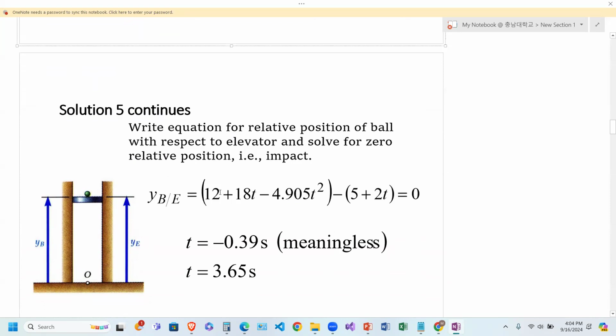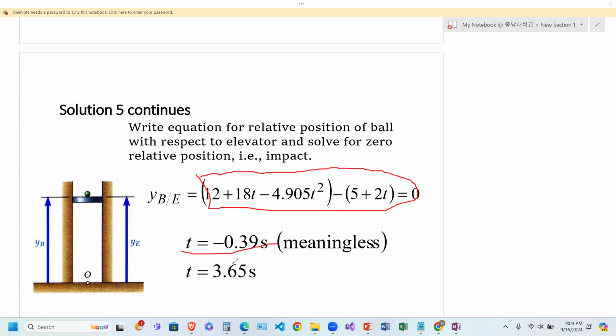So we just equate those equations, and we form a quadratic equation. When you solve this quadratic equation, you have two solutions. We only take the positive value, so our T would be 3.65 seconds.